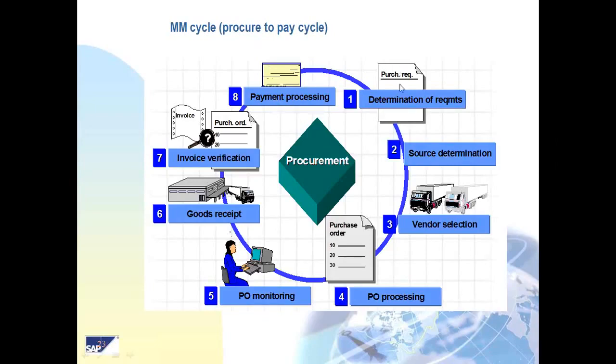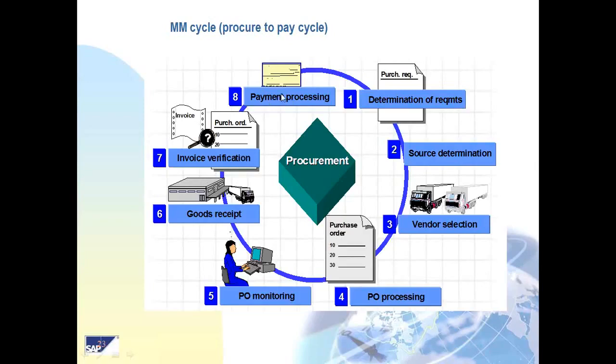During the purchase requisition and the PO, there is no FI document, only an MM document. Whereas at the GR and the invoice verification, there is an FI document along with MM documents.